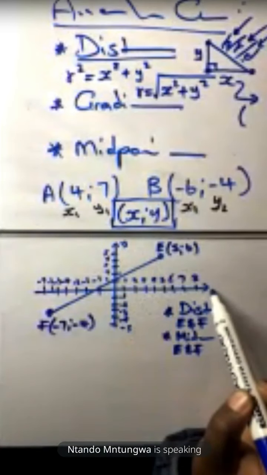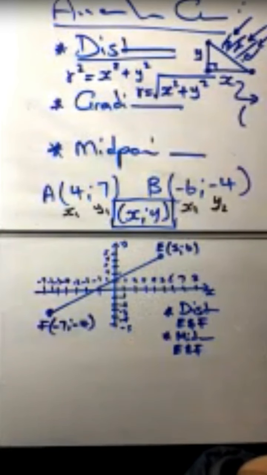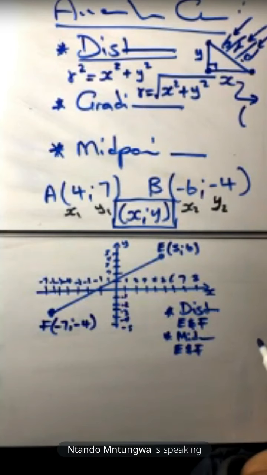Go for it. It is 1, 2, sir. 1 and 2, ne?